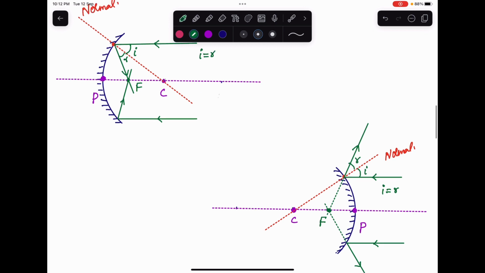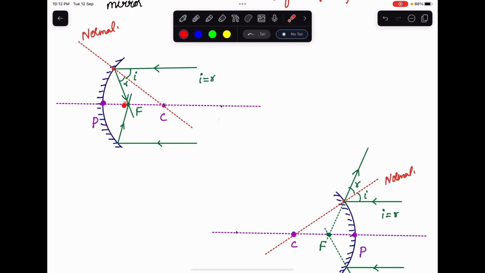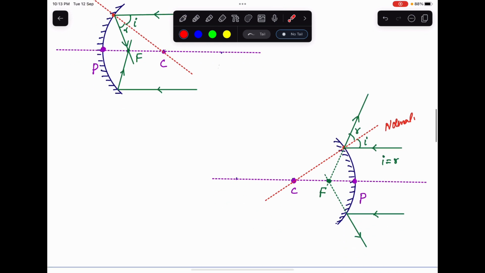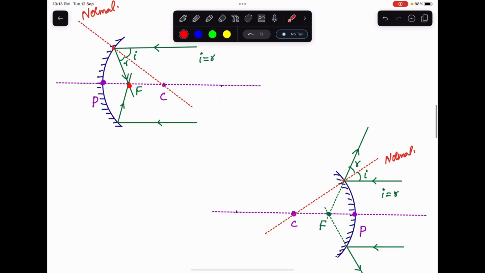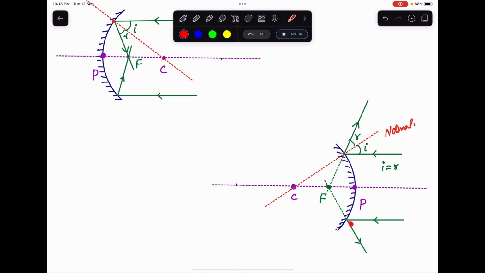So how to define this now? I can say directly, see here: the point on the principal axis where the reflected rays of a parallel incident beam directly meet, or appear to diverge from, that point, and that point we call focus or principal focus.